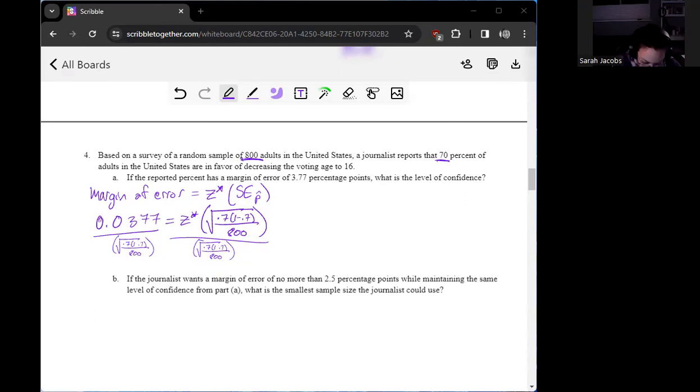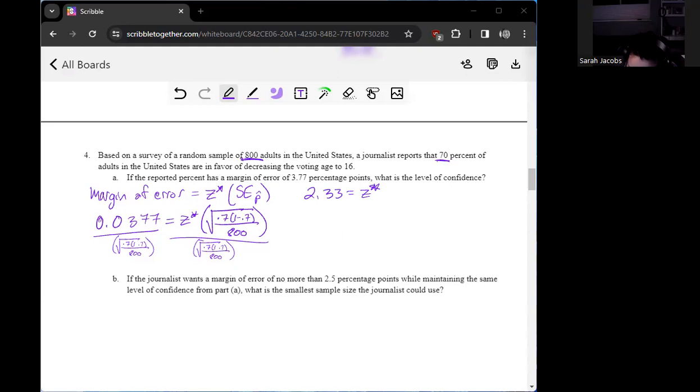And I get 2.33 is equal to my z star. Now, a critical value is essentially just a z-score that's giving you a specific percent in between, if you do that z-score below the mean and that z-score above the mean.